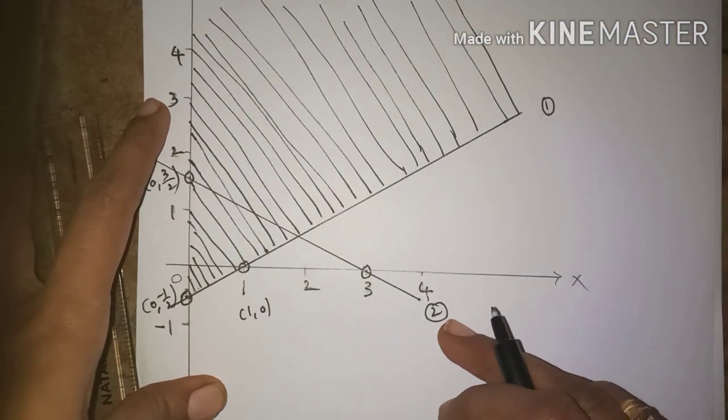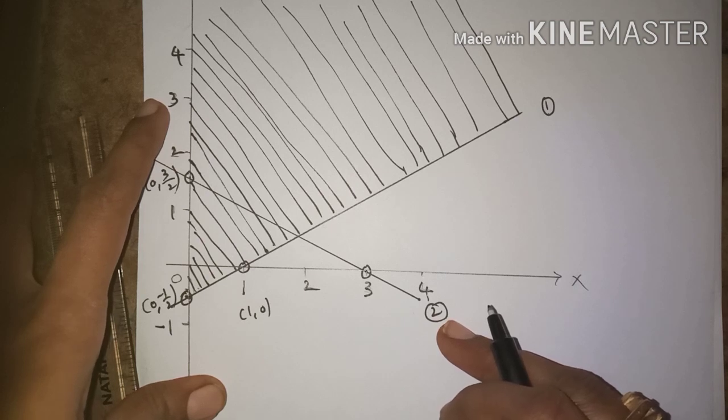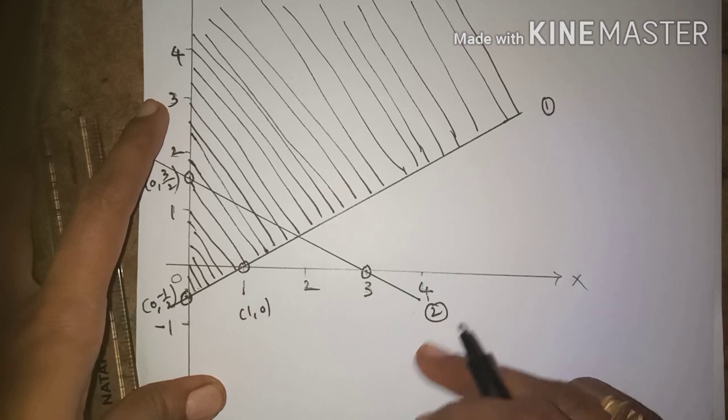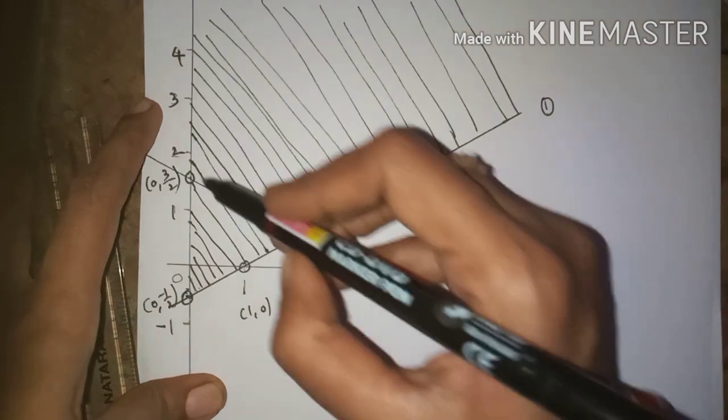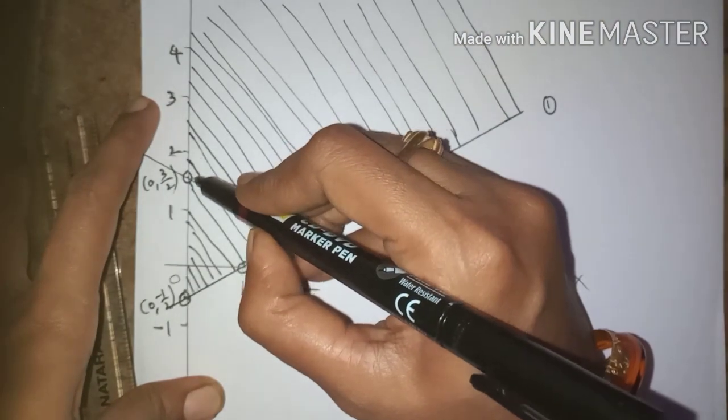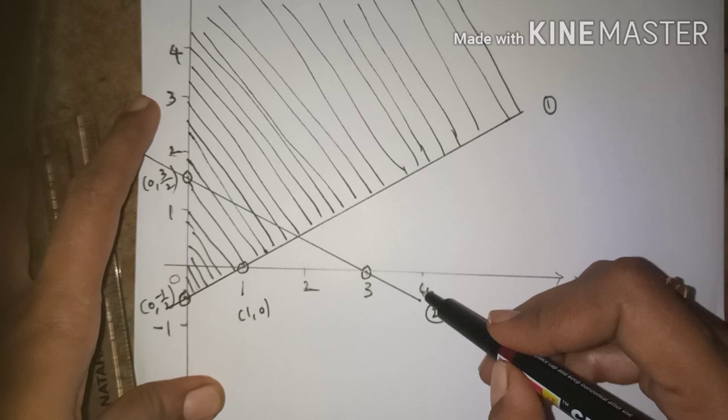The second constraint is having a greater than or equal to symbol. Therefore, the shaded region does not contain the origin. So which area do we have to shade? This area. And I'll draw another type of stripes.